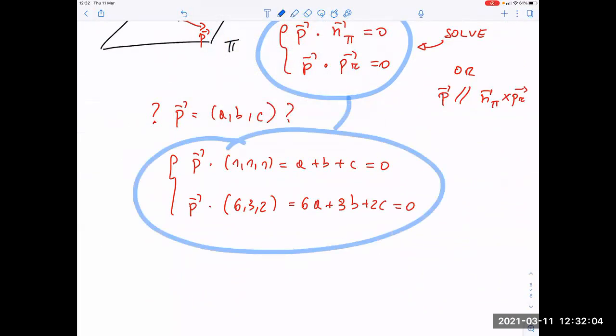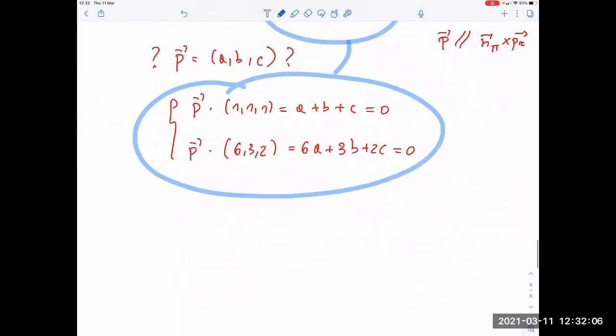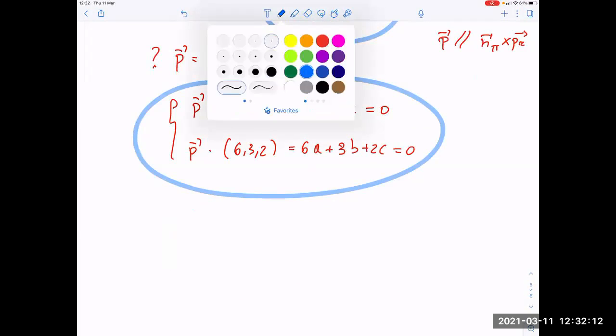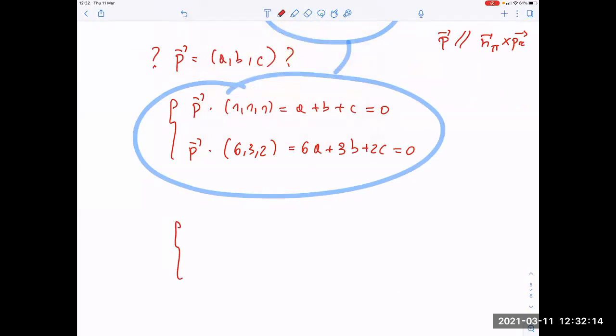Okay, so how do we solve it? Well, you can do many different things, but this is what we are going to learn to do systematically. So the idea is to make unknowns disappear. So why not? I can say I change equation 2 into equation 2 minus 6 equation 1. So I just keep equation 1 as it is, and I subtract 6 times it from the second one.